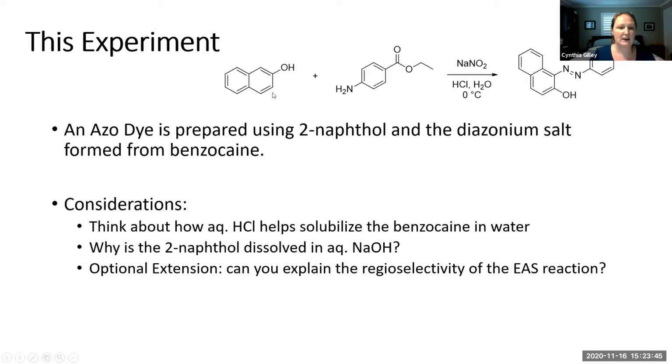So you may want to think about, if it was to react in both positions, what would the resonance stabilization be, or how many resonance contributors and what do they look like, and how would they differ from attack at both of those ortho positions? And think about what's the most stable sigma complex or arenium ion, and then that should lead to the major product. Okay, that's all I have for the pre-lab lecture.